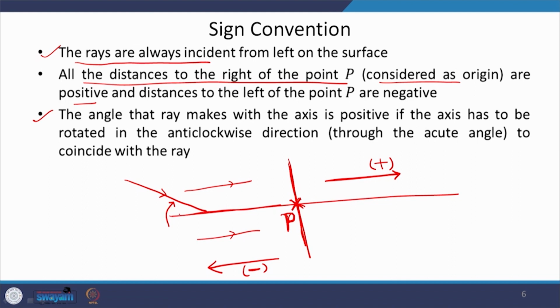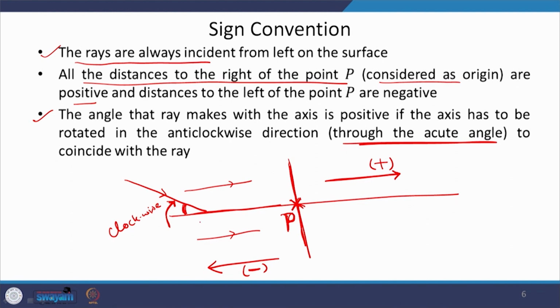This rotation must always happen through the acute angle, and of course, this is our acute angle. Therefore, we will have to rotate this axis in the clockwise direction. You can see the direction of this arrow is along the clock. This is a clockwise rotation, and this is of course the acute angle.